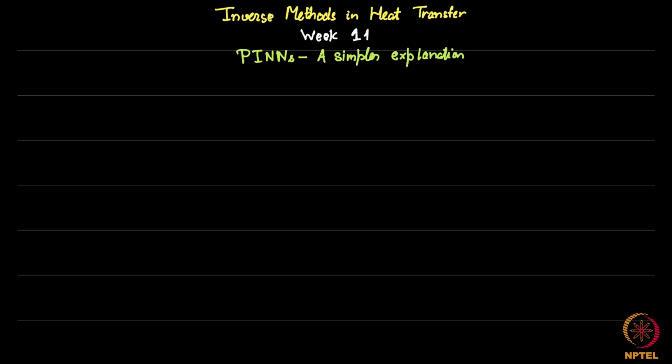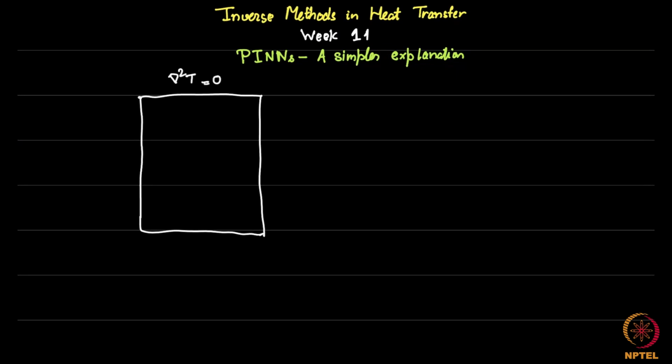Okay, so let's go back to a simple problem, or even a slightly complicated problem. Let's take a 2D problem. Let's say we are solving del squared T by del x squared equal to 0, which means del squared T by del x squared plus del squared T by del y squared equal to 0.